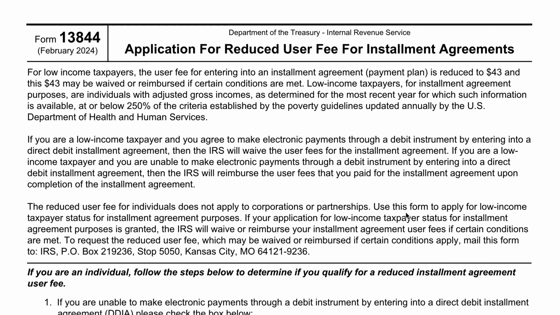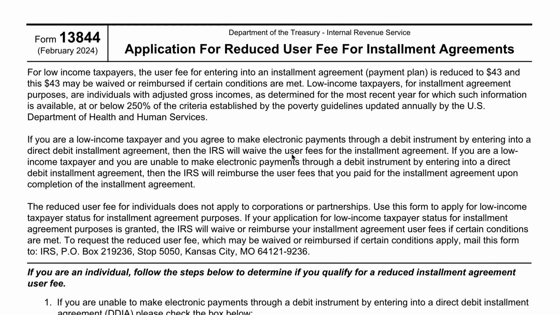So let's take a close look at the top of this form. Basically, this is the part where a lot of people kind of breeze through it to get to the information fields. So in general, a low-income taxpayer, and we'll define that in just a moment, is able to reduce their user fee to $43.